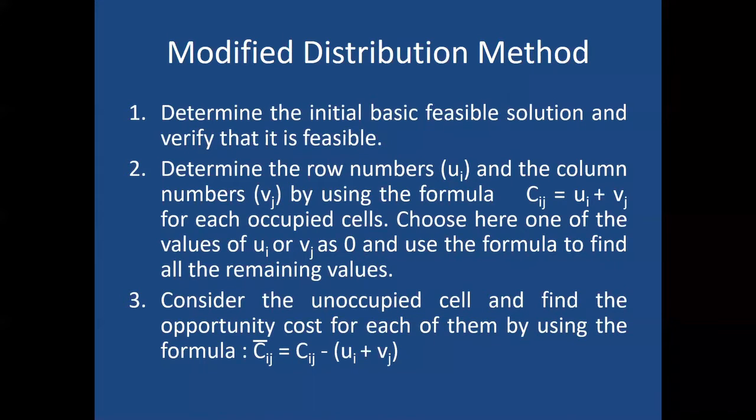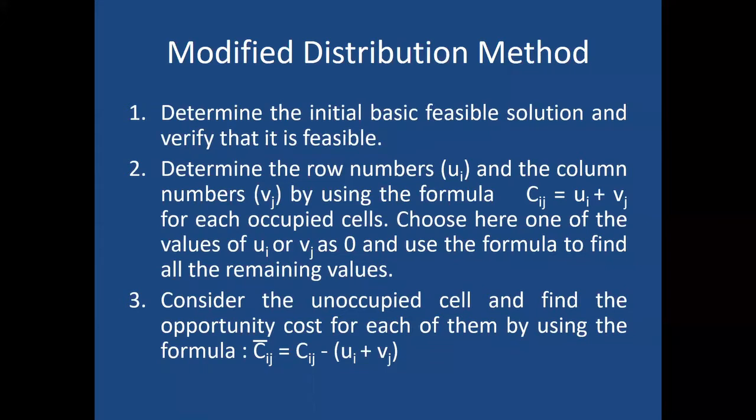If my opportunity cost is positive, that means if I make some allocation in that cell, my cost is going to increase by that many units. If my Cij bar or opportunity cost is negative, that indicates that if I assign some units in that cell, my cost can be reduced further.